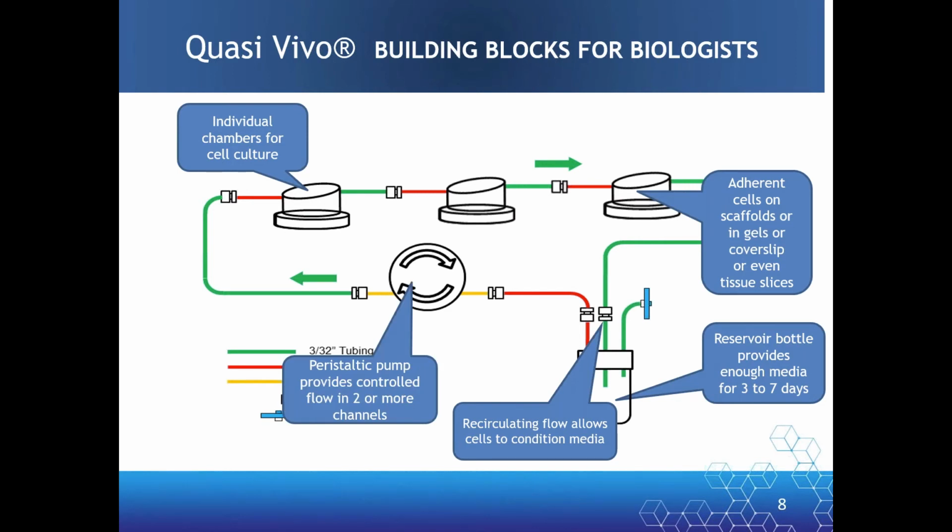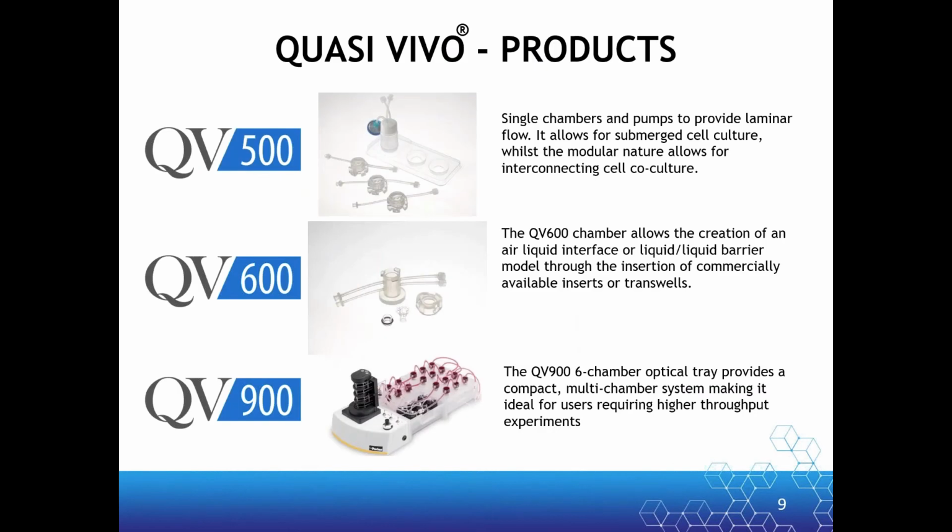And you need a pump to gently move the media around, and the flows we're talking about tend to be very, very small flows. They're more modeling the sort of interstitial flow of media through the microvascular rather than the arterial flow. So very simple system. That's the components that these research groups are going to be using in their models.